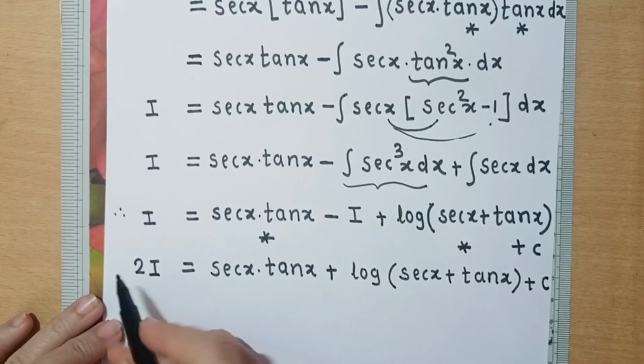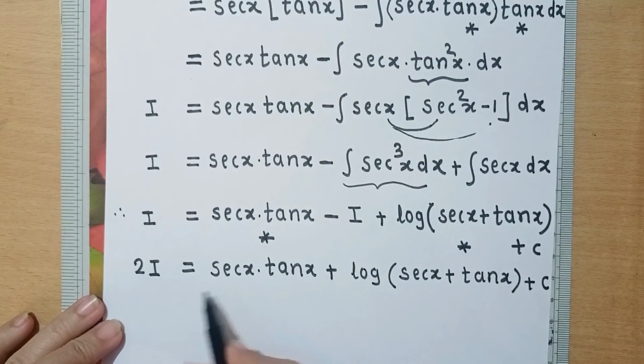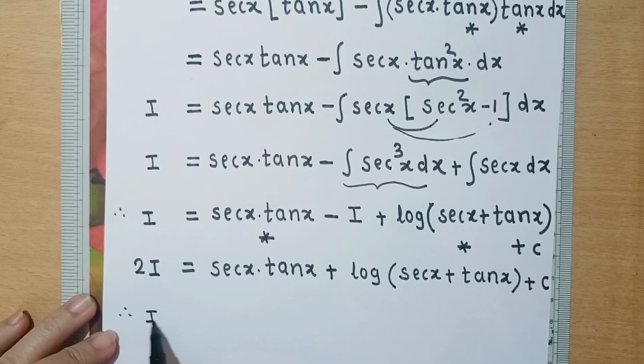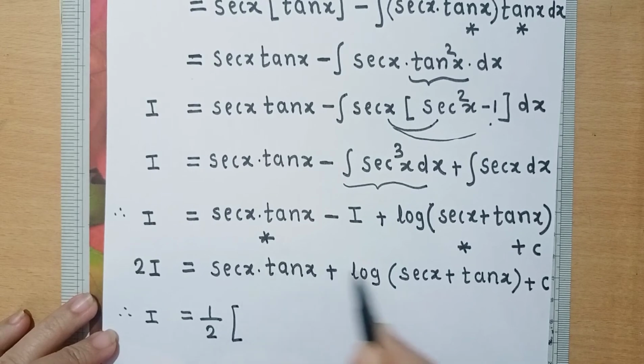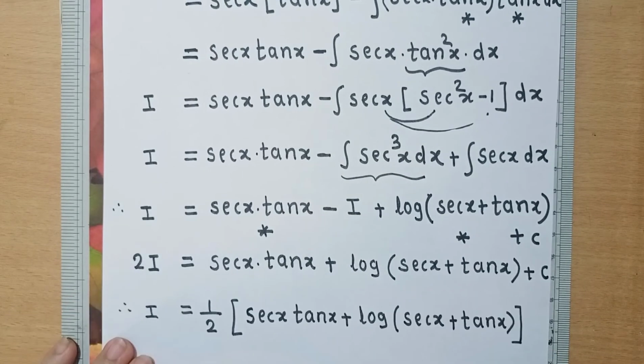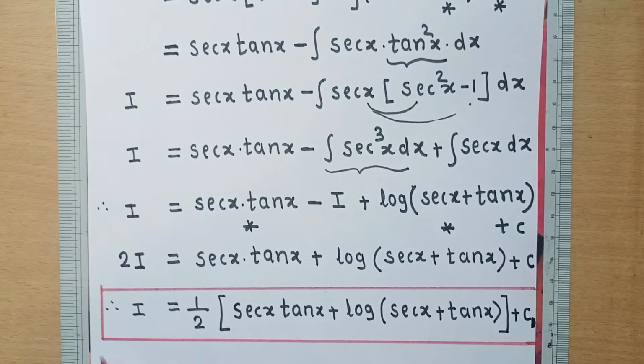And again in the last step we will move this 2 to the right hand side. So I is equal to half and this whole term as it is. And here we will write the constant C1. This is our final answer.